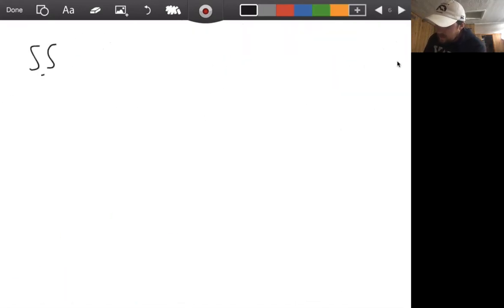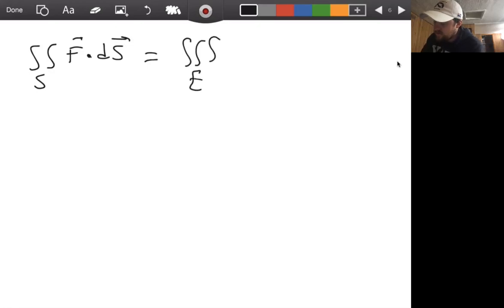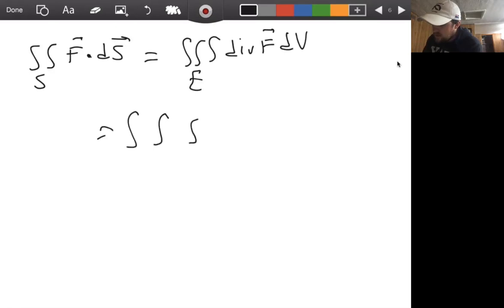And so the flux integral of F over this cylinder S is, thanks to the divergence theorem, the triple integral over our region E of the divergence of F dV, where E is the region where r goes from 0 to 1, theta goes from 0 to 2 pi, and z goes from 0 to 2. And the divergence of F we learned was r squared plus 1.